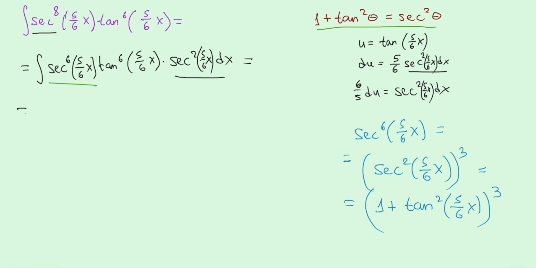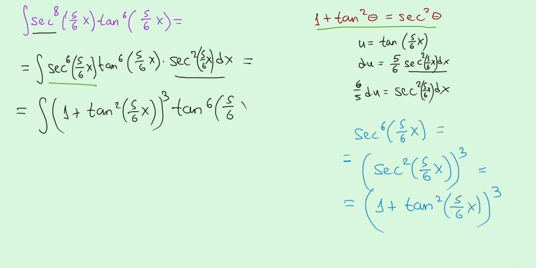Now let's write this inside our equation. So we'll get 1 plus tangent squared of 5/6x to the 3rd power times tangent 6th power of 5/6x times secant squared of 5/6x dx. Now we're going to use our u substitution.